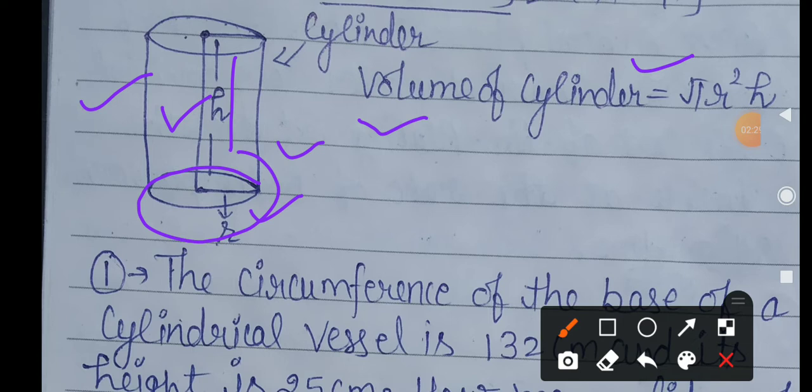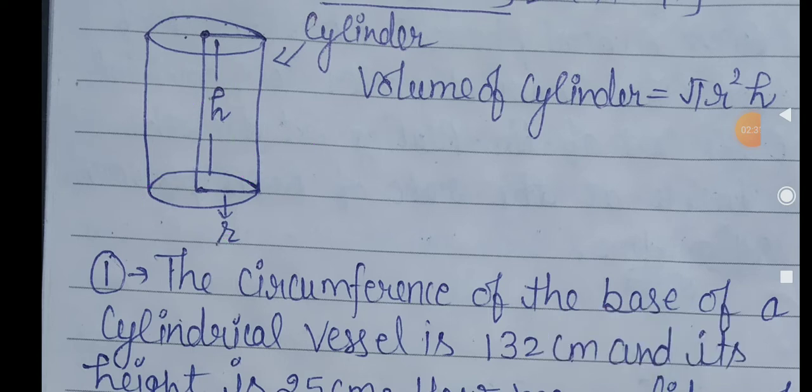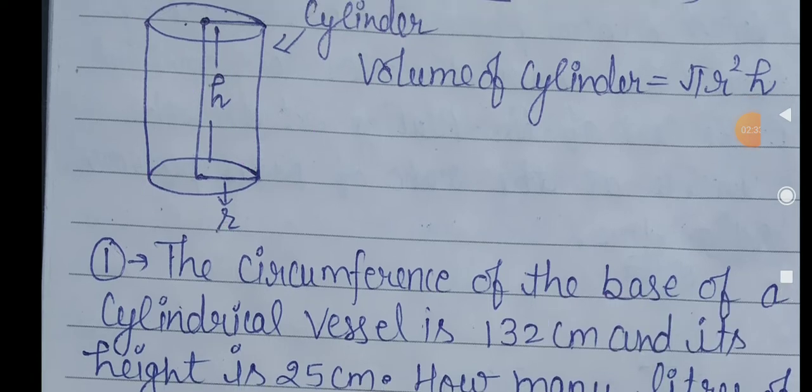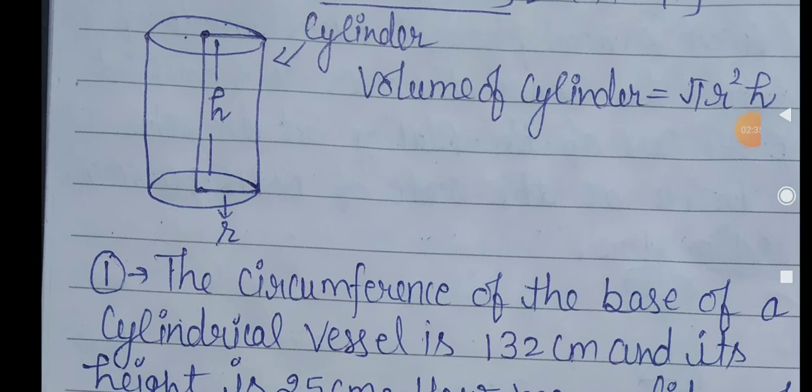Now we have to explain the first question related to this exercise. First of all, you have to write this formula at the top of your exercise. The volume of a cylinder, I will repeat, is pi r square h.